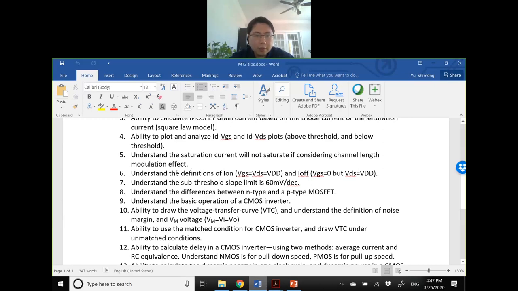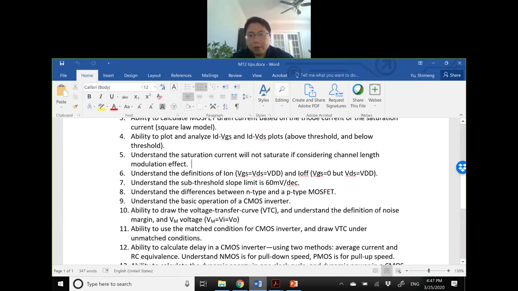And number 6, understand the definition of the on-state current I on and off-state current I off. The on-state current is defined as VGS equals VDS equals VDD. This is basically the maximum current you can get from this transistor, because those two voltages reach the maximum, which is the power supply VDD.